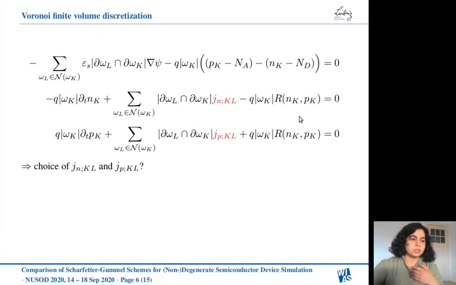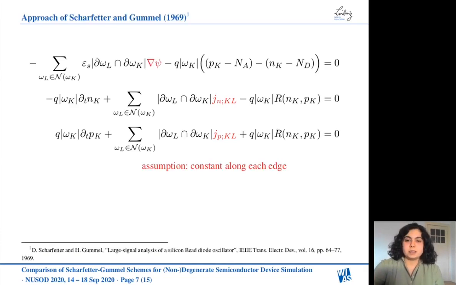We want a flux approximation which is numerically stable and preserves physical properties of the continuous system, such as thermodynamic consistency. The approach of Scharfetter and Gummel satisfies these conditions. Their idea is based on the assumption that these discrete current densities and the electric field are constant along each edge of the control volume.